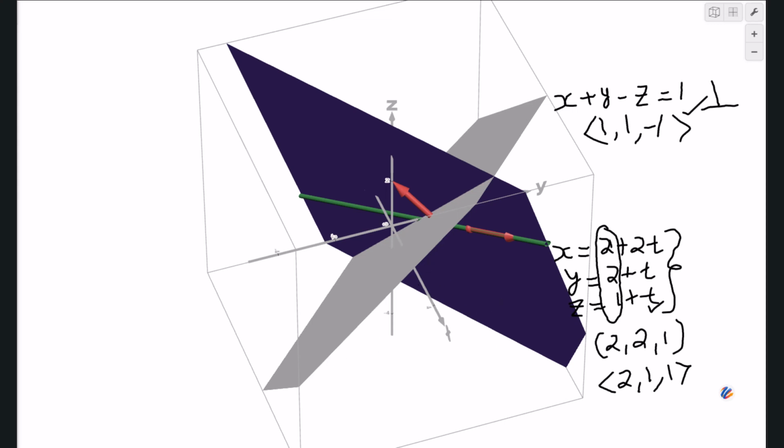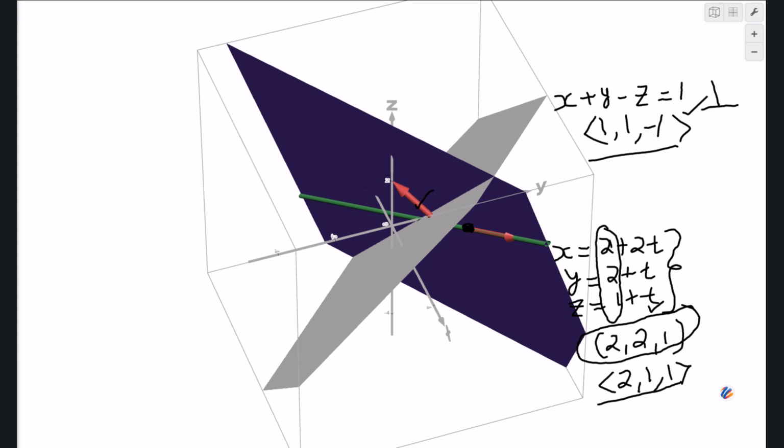If we would like an equation of this blue plane, we should notice that the plane contains this point (2, 2, 1), and it will help to obtain a vector that's perpendicular to that blue plane. Now notice this vector (2, 1, 1) is along the line, and this vector (1, 1, negative 1) is perpendicular to the gray plane.